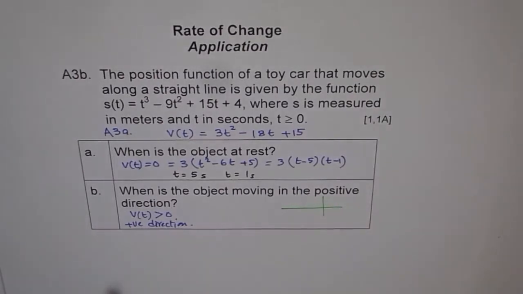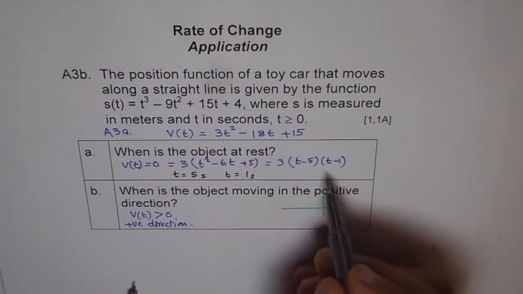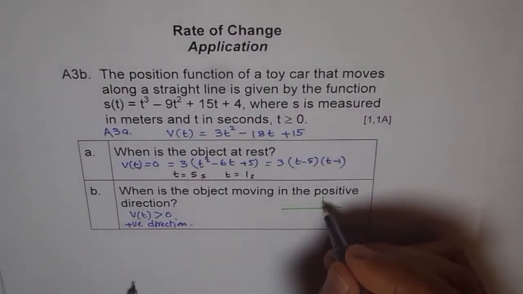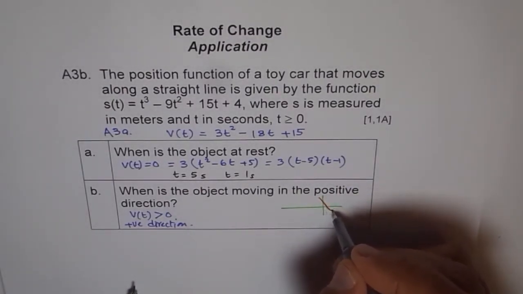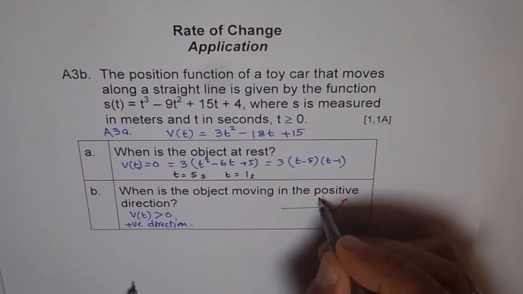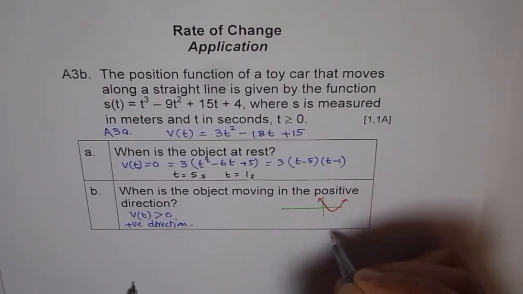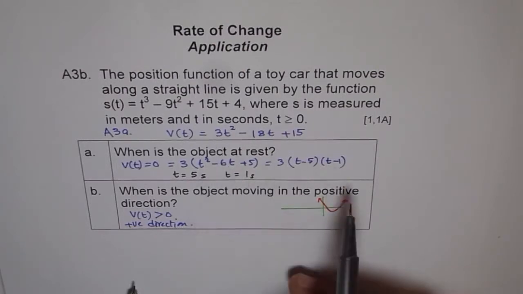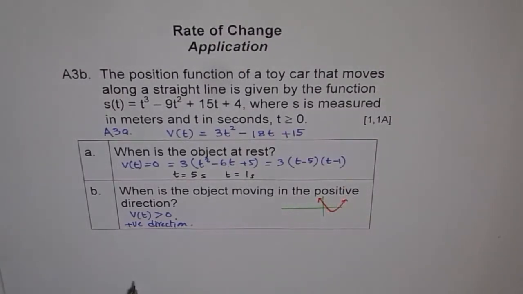We know here our zeros are at 5 and 1, right? So we can just plot a graph. If I plot approximately a graph, we'll get something like this. This function has a positive leading coefficient, so it opens right side up, and these points are at 1 and 5.